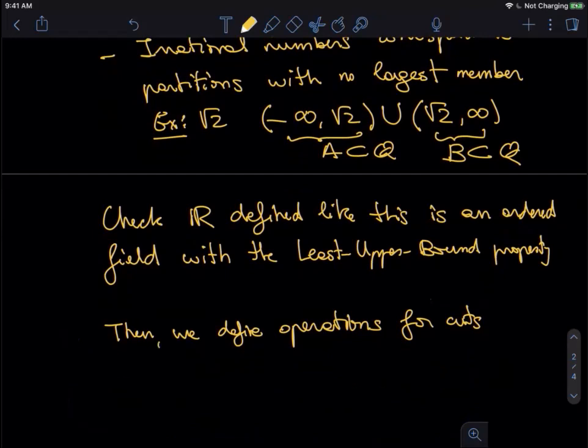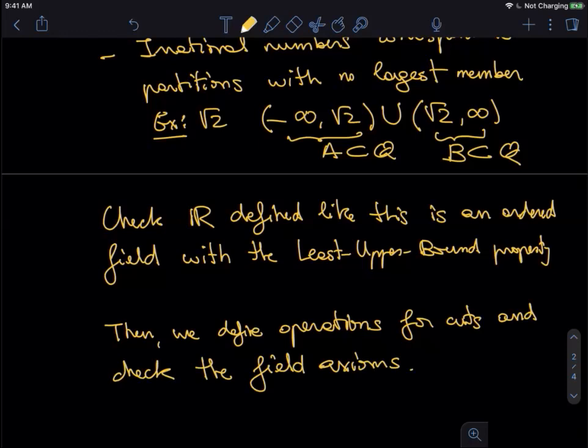And then we define operations for cuts, okay, and we need to check the field axioms that we saw last week. And that's it.